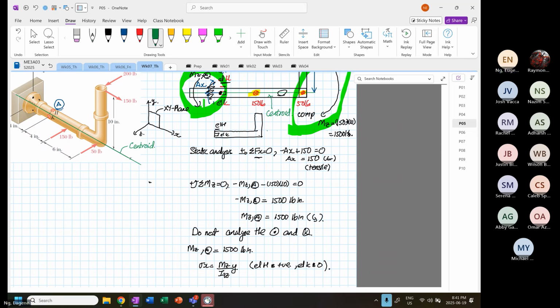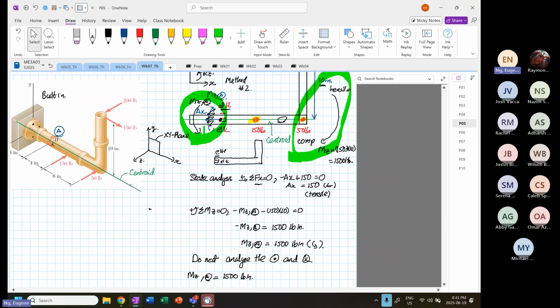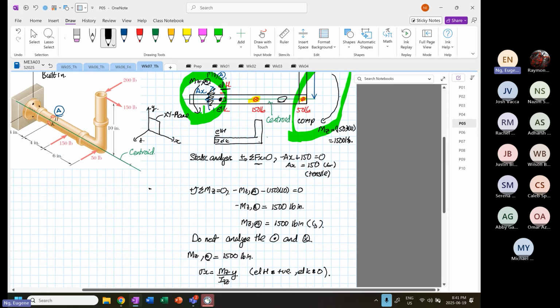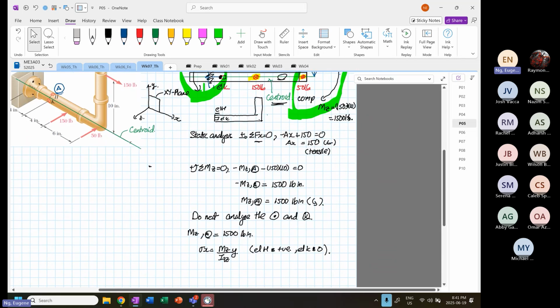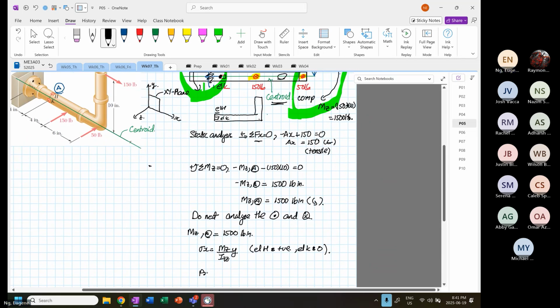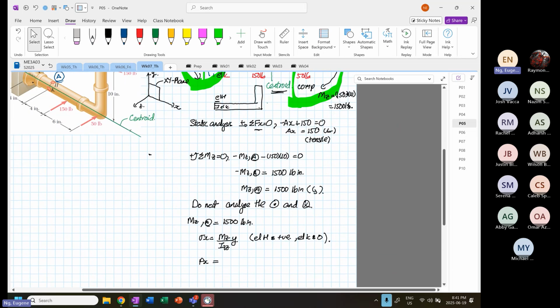Anything else to do at this stage? Nothing, but there's one more thing that we know. Remember what we said over here. This force over here is parallel to the centroid. So we are going to have a PX equal to 150 pounds.